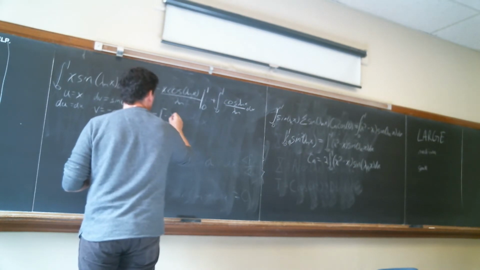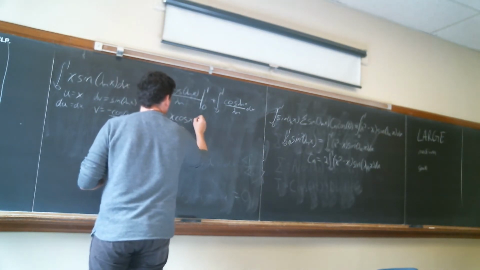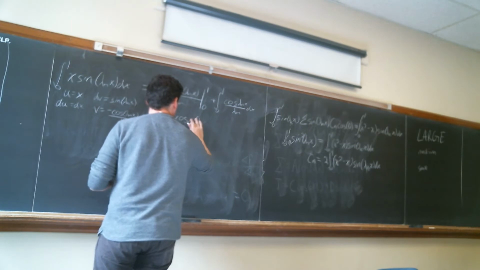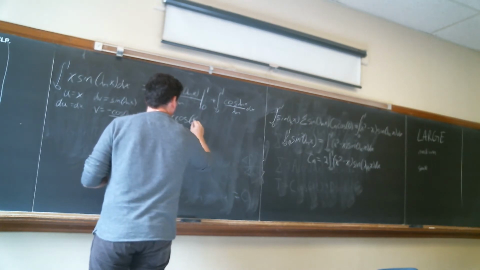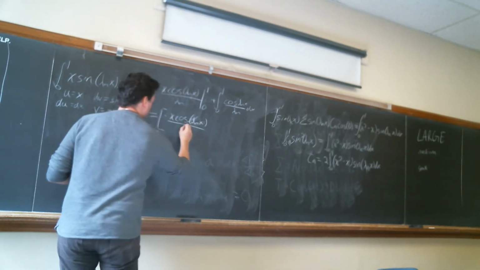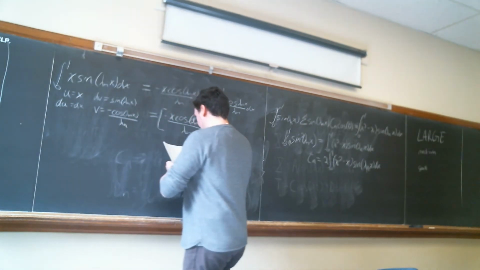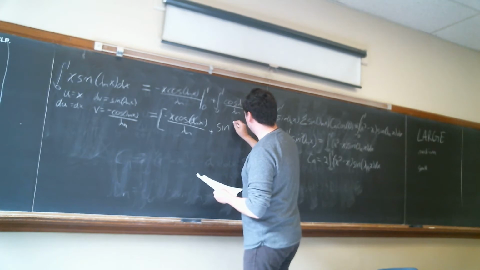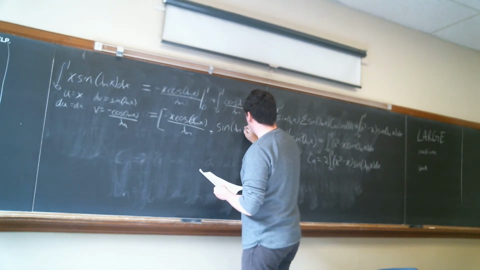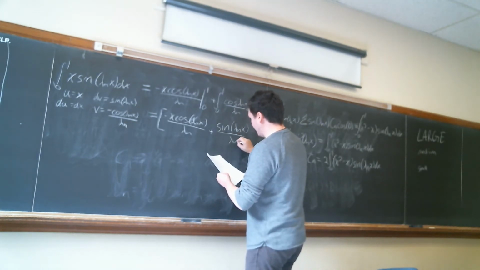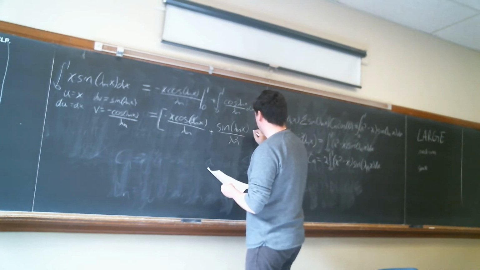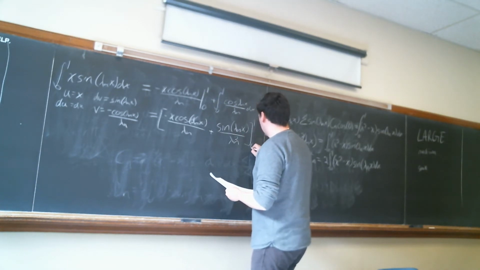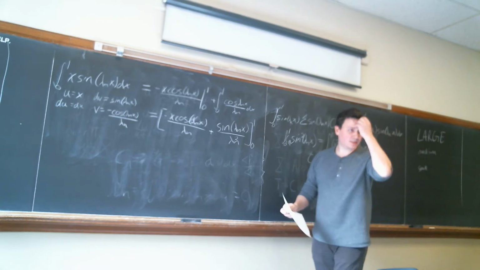That whole thing is x cosine lambda n x over lambda n plus sine of lambda n x over lambda n squared. All right, so that's kind of a clean form.